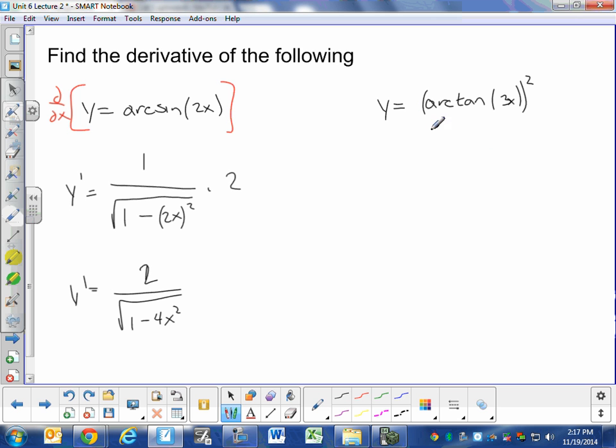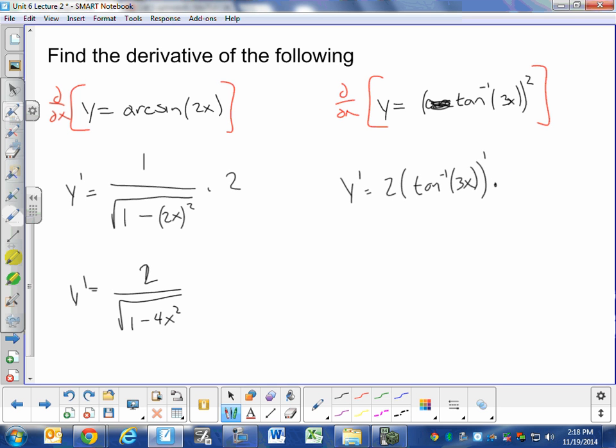Let's look at arctangent of 3x quantity squared. Maybe I'll make this tan inverse. Well, this is a chain, a combination of multiple chains. The outside is the function being squared, so the derivative would be 2 times our inside to the first.